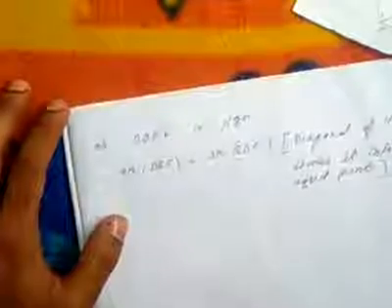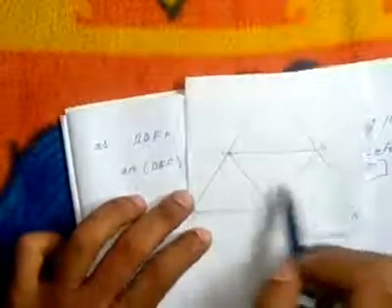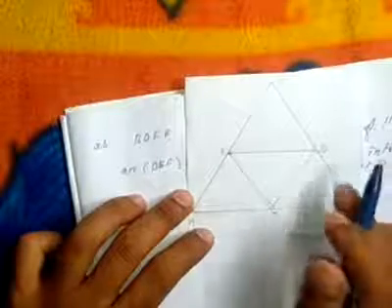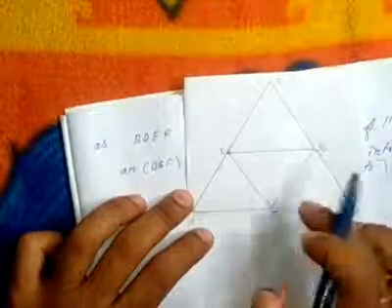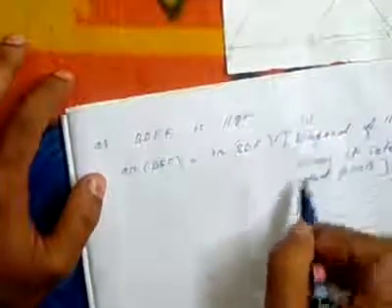As we know, if a diagonal divides the parallelogram, it gives two equal parts, isn't it? So suppose this one will be equation number 2.